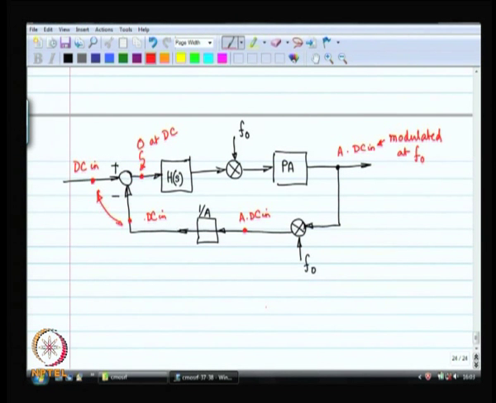Of course, you have to make sure of a few things. First thing that you have got to make sure is the DC offset of the mixers. That is a huge problem, especially of the feedback mixer. So, you are almost never going to choose DC as your frequency of choice.